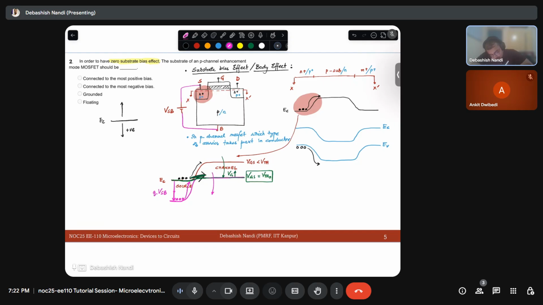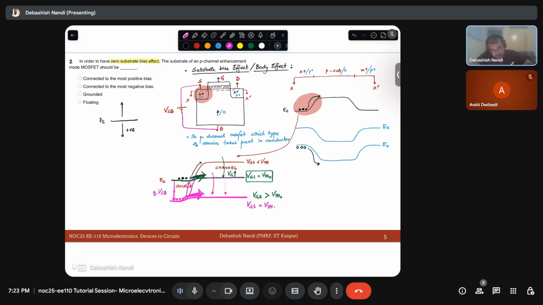That means if I can make a situation like this, then my carriers can again move freely, right? So how do I lower this one? By increasing VG. That means I need to increase my VG more than VTH0. So now, let's say in this case, my threshold voltage becomes VTH.